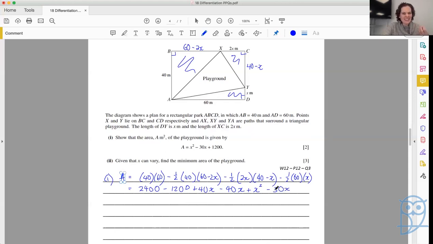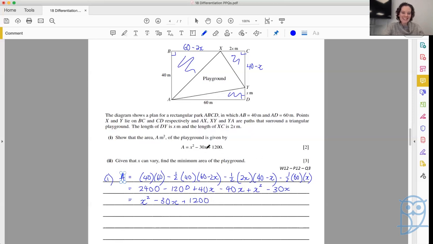You see how it looked ugly, but now it's looking not nearly so ugly? Putting it into our normal quadratic format, x squared, plus 40x minus 40x, poof, disappears, minus 30x, and 2,400 minus 1,200 is plus 1,200.